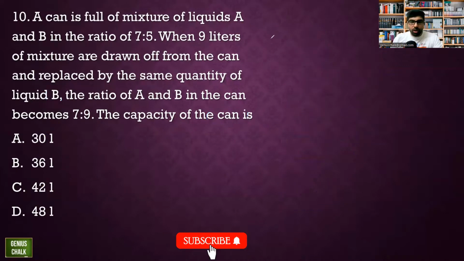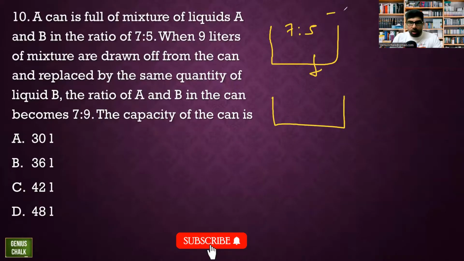So the concept is, please remember, whenever any bucket has some ratio, whenever we take mixture out, like I am taking 9 liters of mixture, that means I am taking 9 liters out, and that 9 liters will also be out in the form of 7:5, and afterwards whatever mixture is left will also be in the same ratio, right?